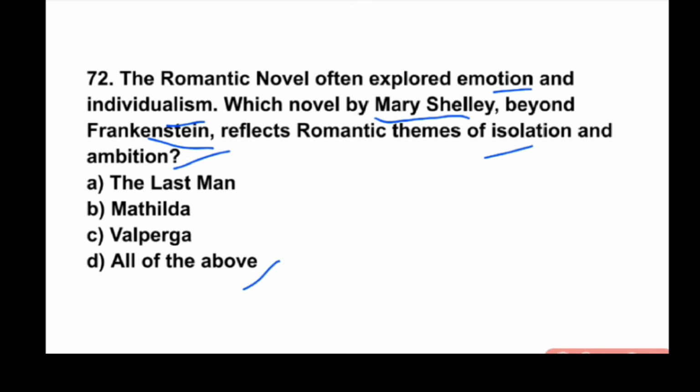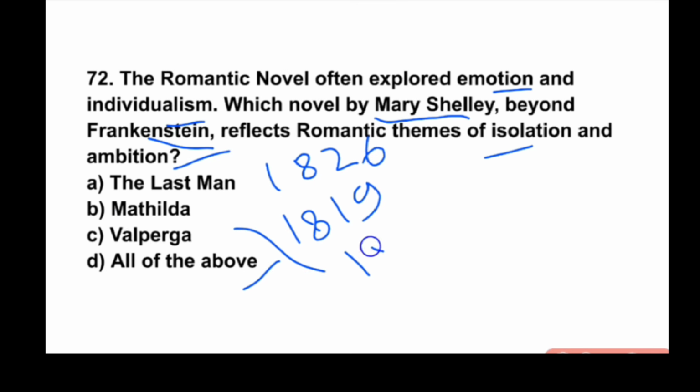The Last Man, 1826, Mathilda, 1819, and Valperga, 1823, explored romantic themes of isolation and human limits. Next question.